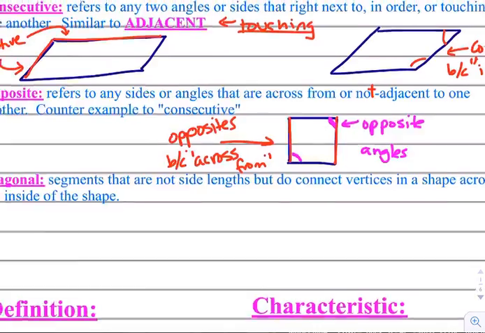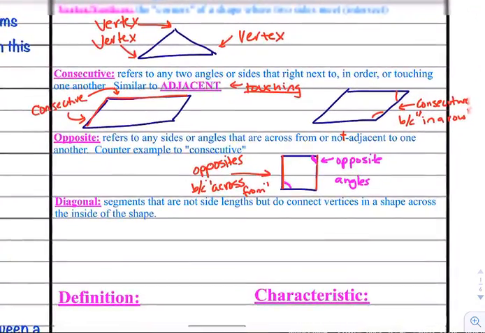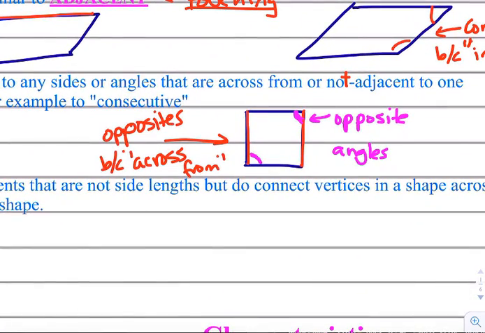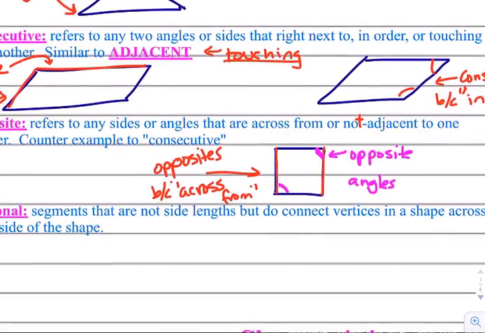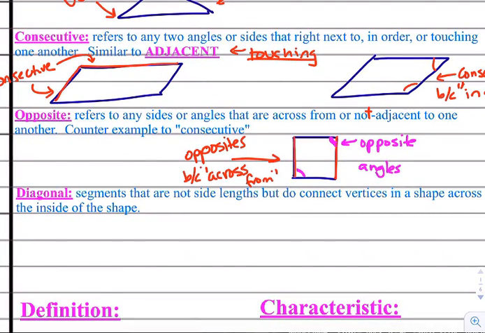So we have two versions of opposite: opposite sides, because they're across from each other, not touching, not adjacent, and opposite angles for the same reason, because they're not in a row and they skip an angle. These two ideas are in opposition to one another. We have things that are consecutive, meaning they're touching in a row, and things that are opposite, which means they're across from each other or skip an angle in between.